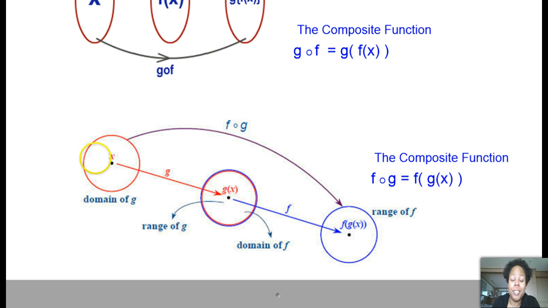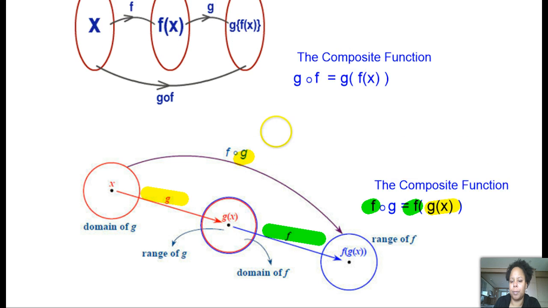Now to differentiate between the different functions, because we have actually three functions that are part of it, we call the inside function, in this case, g of x, and we call f the outside function. Okay, so over here in our previous example, the inside function is f, and the outside function is g.